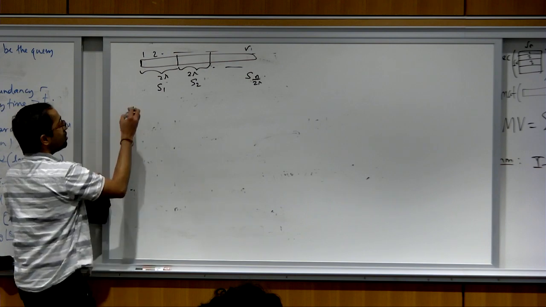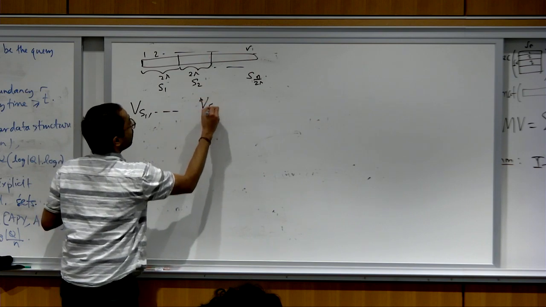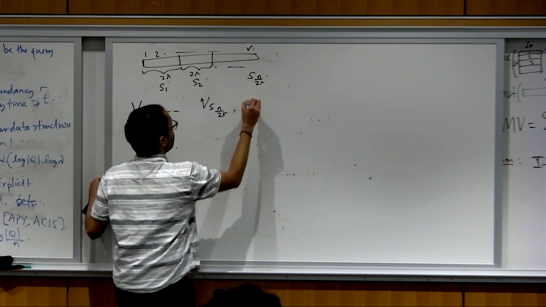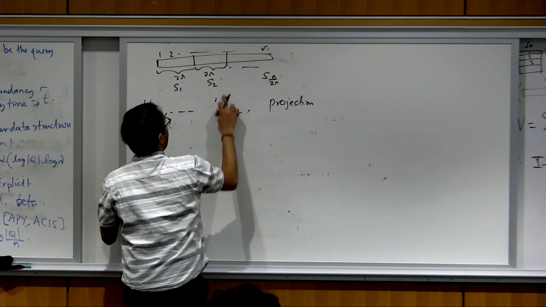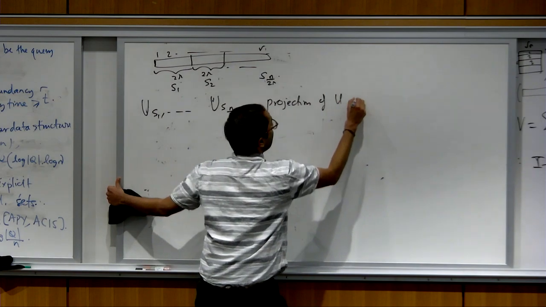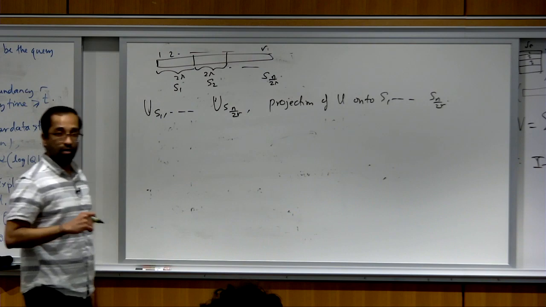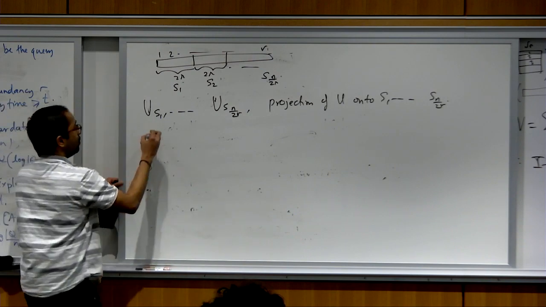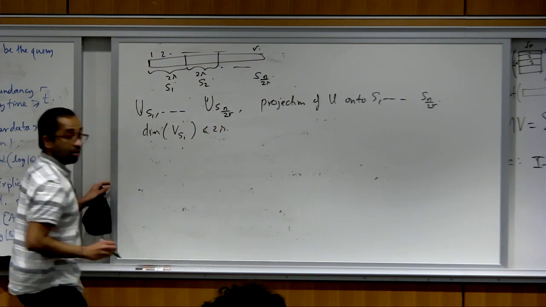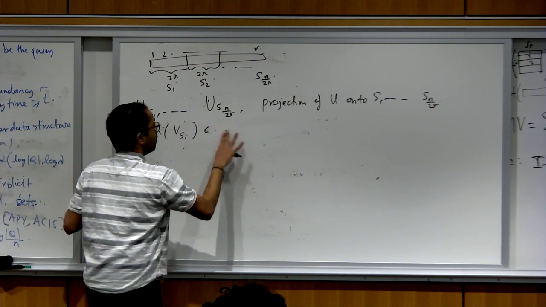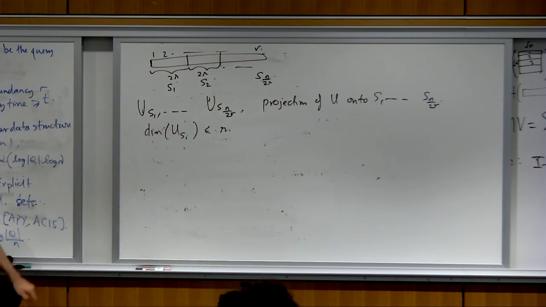Now I'm going to consider subspaces V_S1 all the way through V_S(n over 2r), which are just projections of u onto S1 through S(n over 2r). The dimension of V_Si is at most r, because the u that you started off with had dimension r.